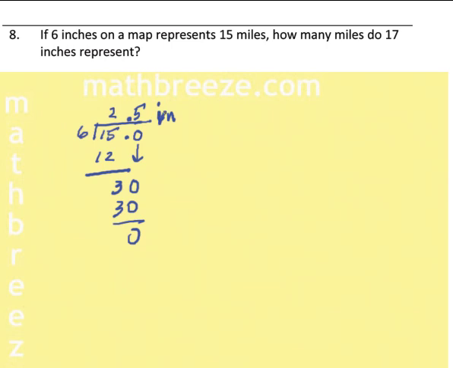This is miles, for each inch. So each inch on the map represents 2.5 miles. So how many miles do 17 inches represent? So each inch is 2.5 miles, so we're going to multiply 17 by 2.5.